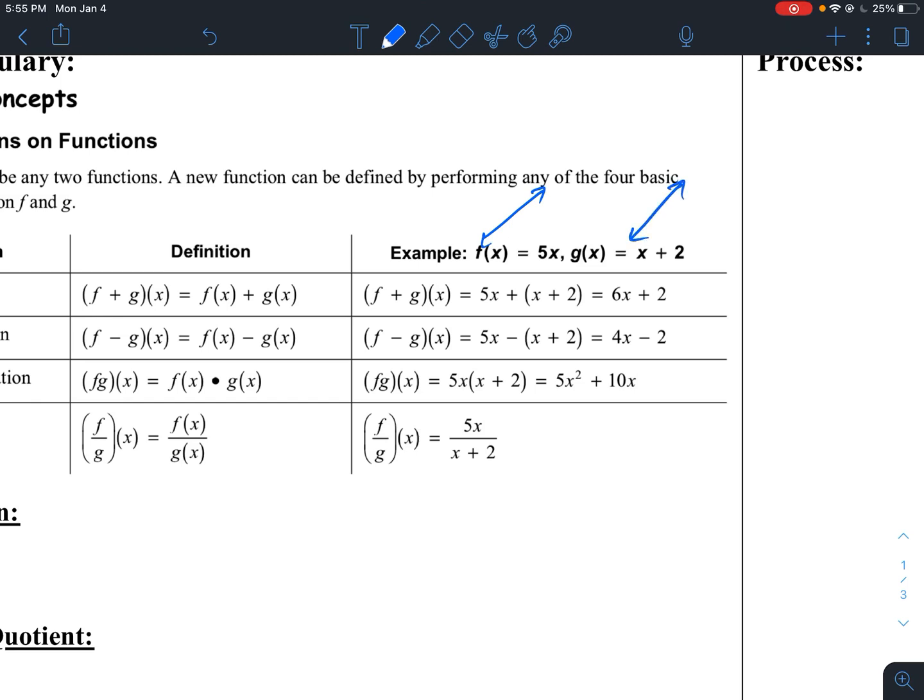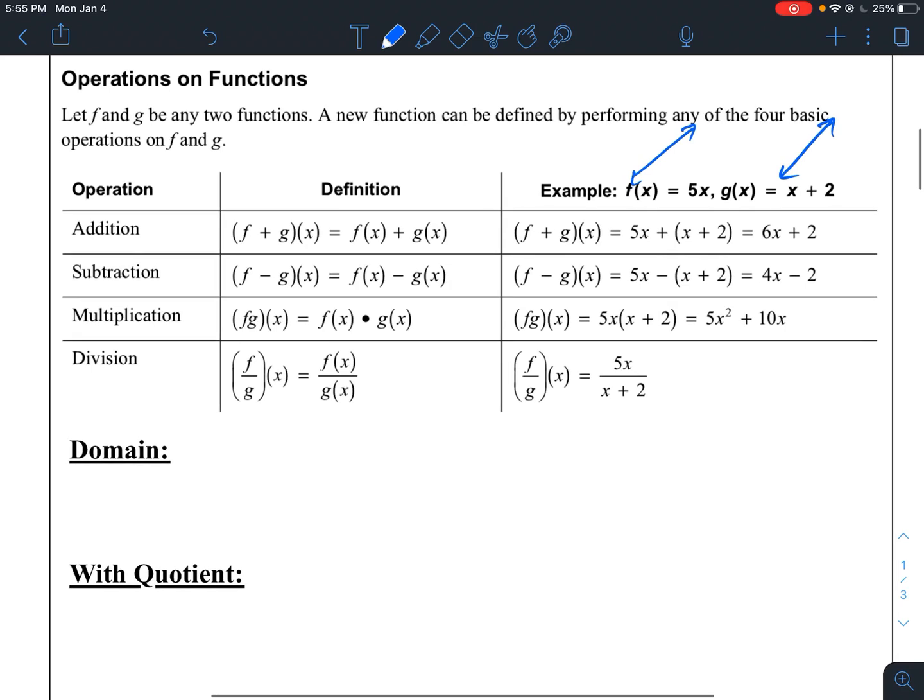The domain for linear functions is all real numbers. It exists over all x values. So if you add f and g together, because both of their domains are the same, their sum's domain will still consist of that.